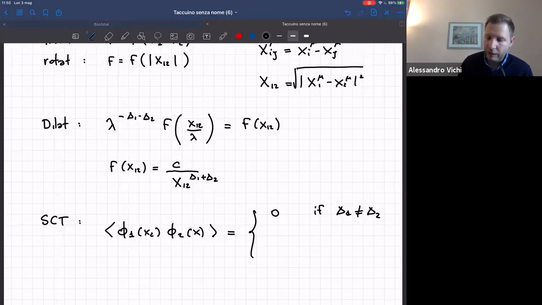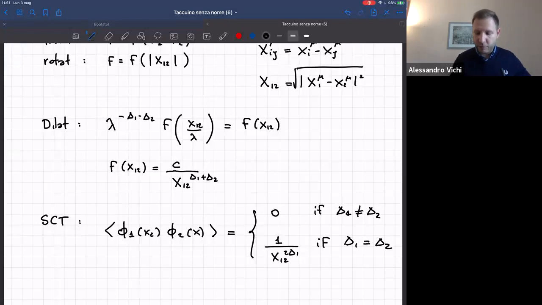In particular, if they're equal, we can rescale the field to reabsorb this C. So we just write 1 over x12 to the power 2 delta 1, let's say, if delta 1 is equal to delta 2.